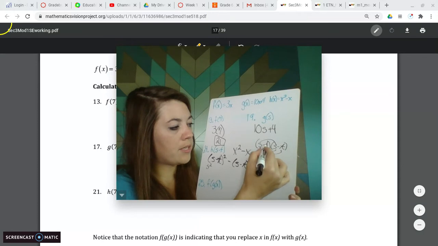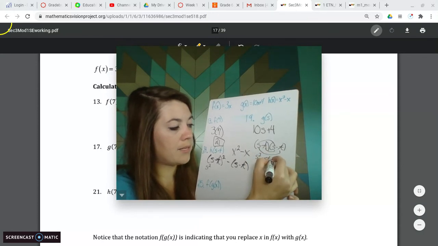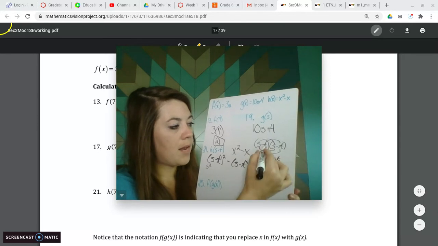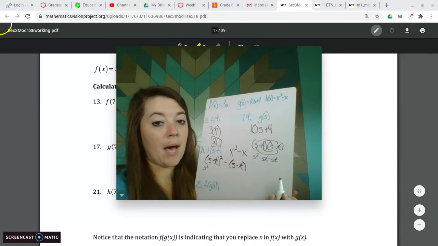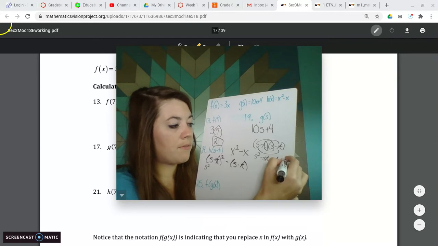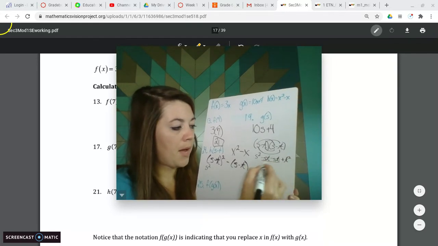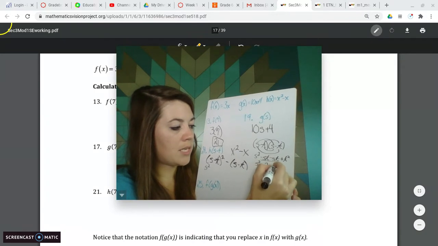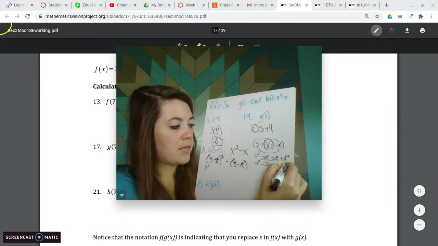Inners, another negative and positive, so another minus st. And then last, negative times a negative is going to give us a positive, so we're going to have positive t squared. Combine like terms. So we should have s squared minus 2st plus t squared.